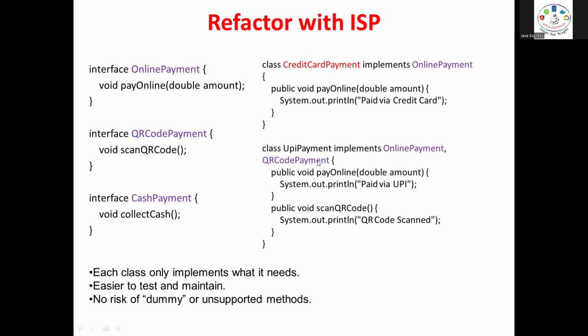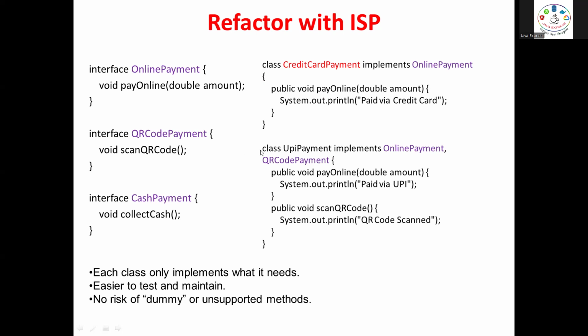In this way, you extend your interfaces with whichever functionalities are required. Each class only implements what it requires, so it is easy to test and maintain. So no dummy and unsupported methods as per the previous slide, guys.